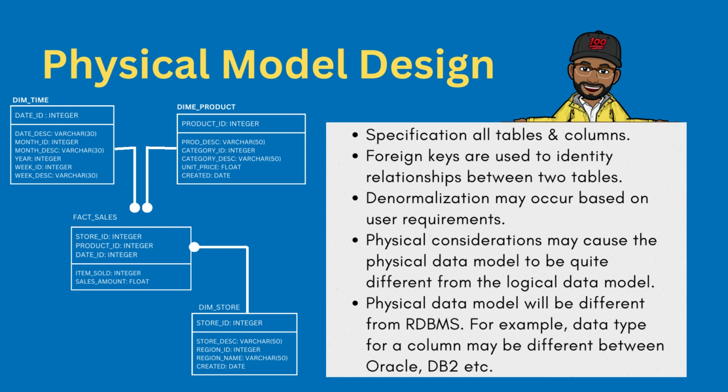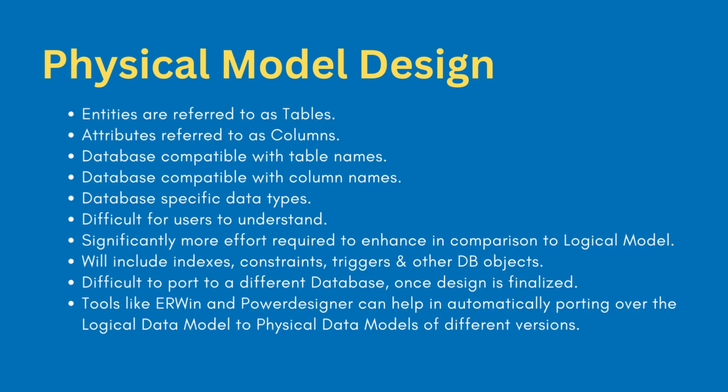So different databases. Whenever you are using the Erwin tool, if you create the logical data model, we should select which database we are going to apply this to. If you select Oracle, then based on this particular database it will convert that logical model into a physical data model.